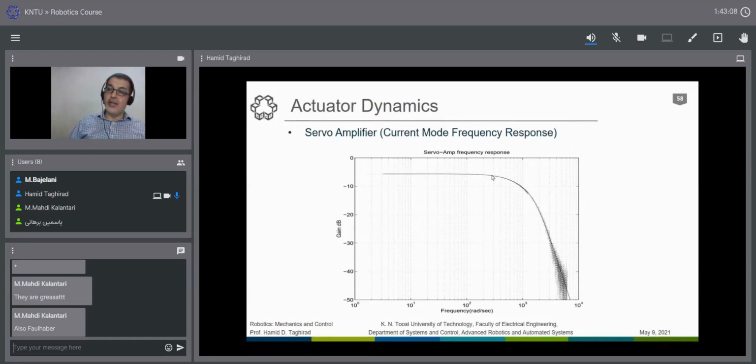Of course, when the frequency goes up, you have a low pass filter, and the servo amplifier response is reduced.